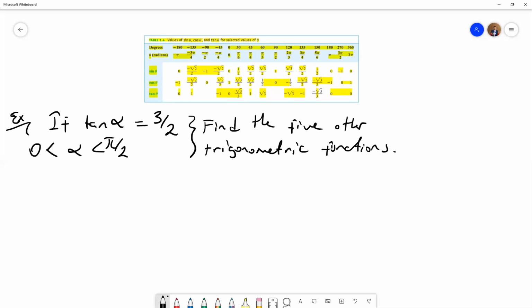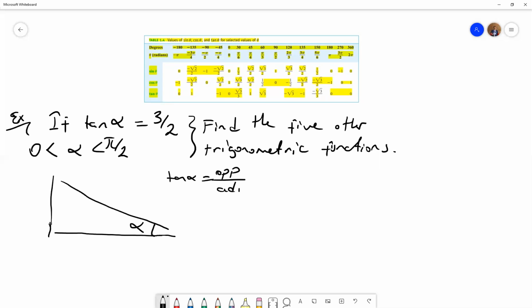Now, for doing this one, we have to draw again a triangle. Let's say this is our angle, and you know that tangent means opposite over adjacent.